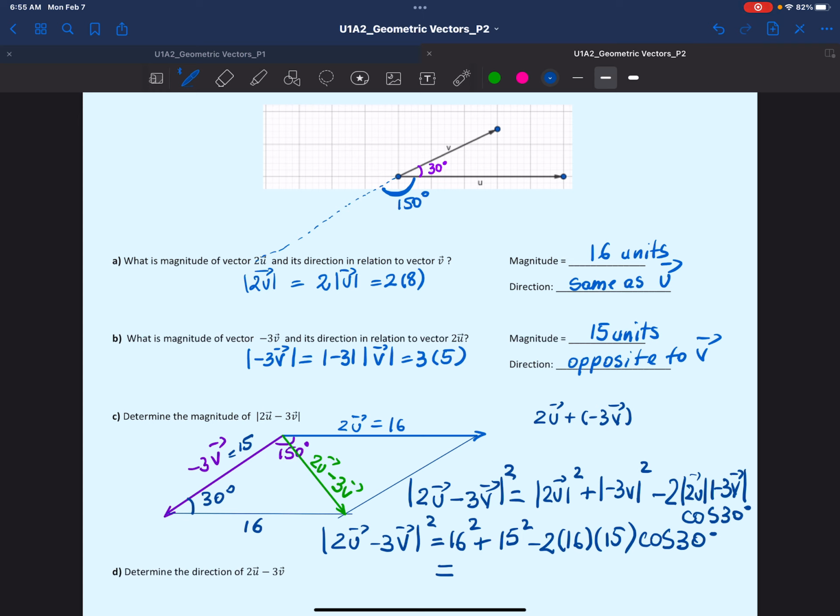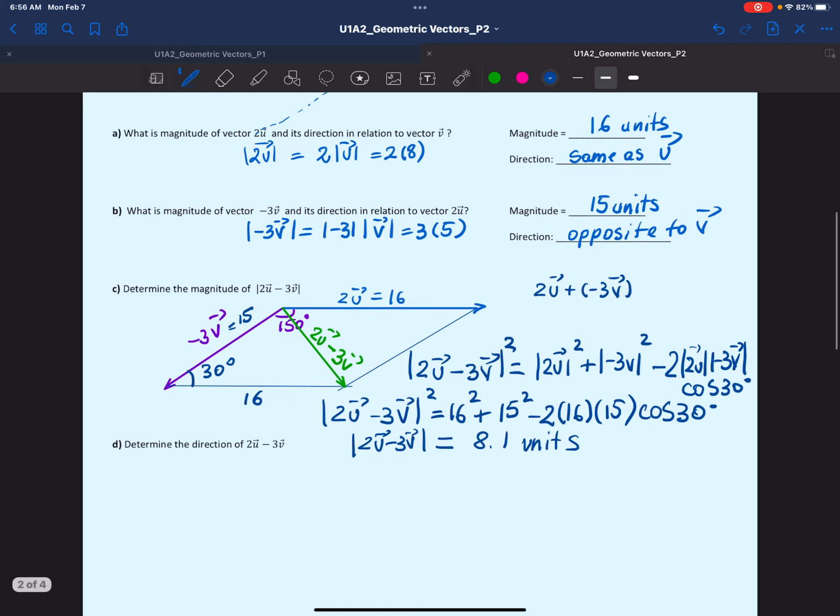So the answer I got is 65.3. Now I need to square root that answer to find the magnitude of 2u minus 3v, and that would be 8.1 approximately. So 2u minus 3v in magnitude would be 8.1 units.